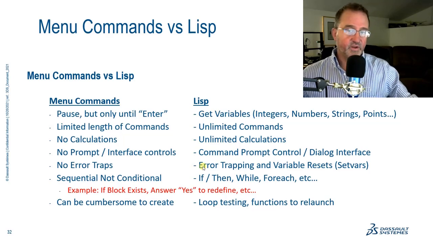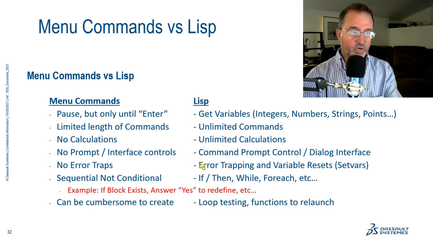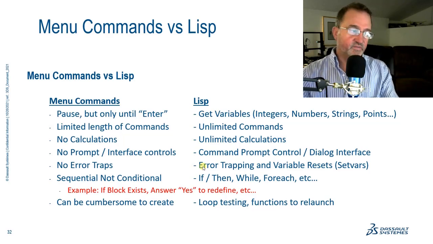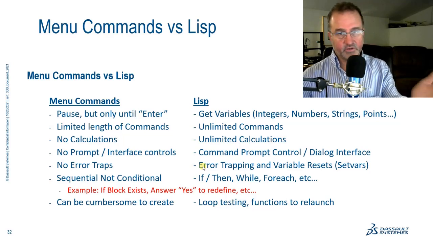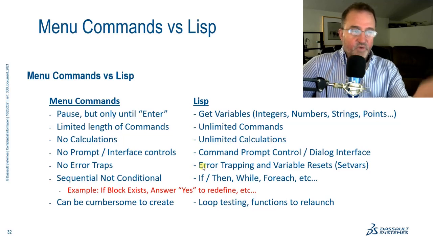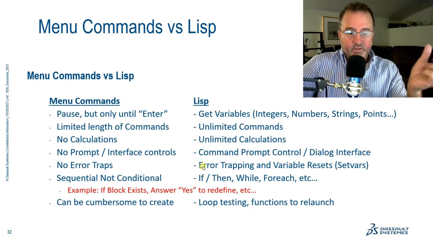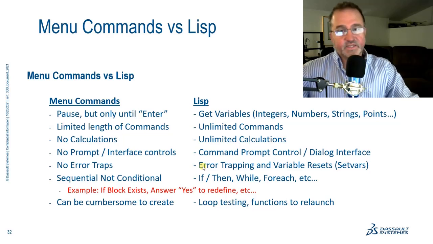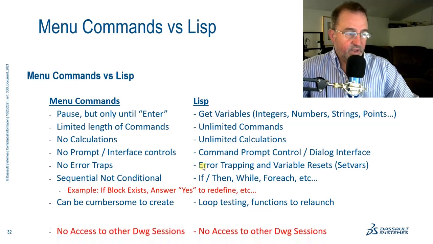That macro could be very cumbersome because if I'm off by one keystroke, one semicolon somewhere, I'm not going to know where the event is happening, or it's going to be hard to figure that out. And it's going to be troublesome. If I'm doing that in Lisp, I can create different test loops. I can check my functions, the values of those things, and I can relaunch. Different things I can do in Lisp that I really can't do in a macro.